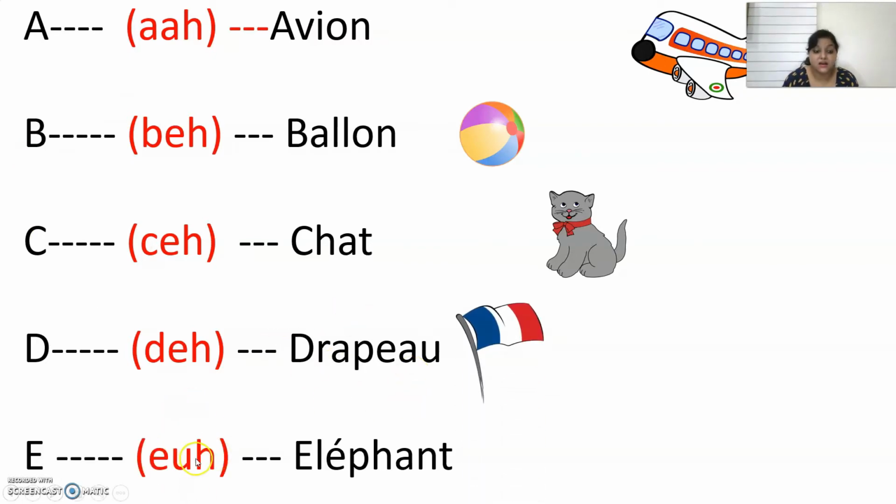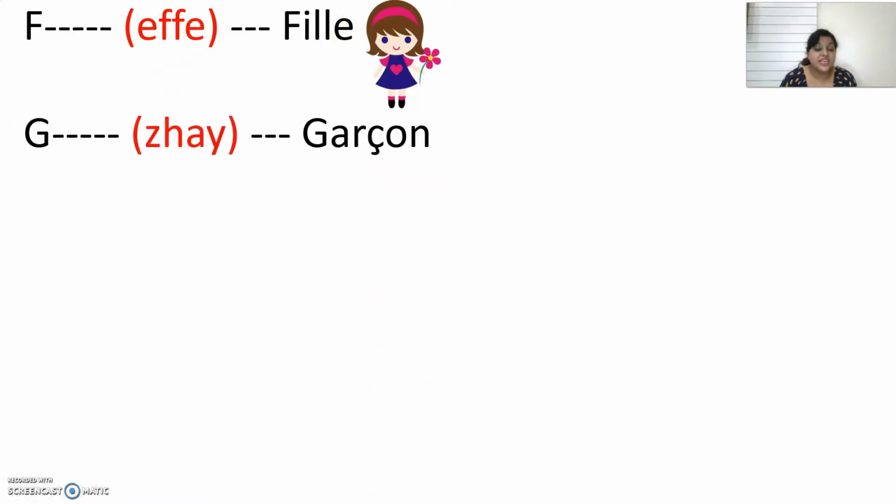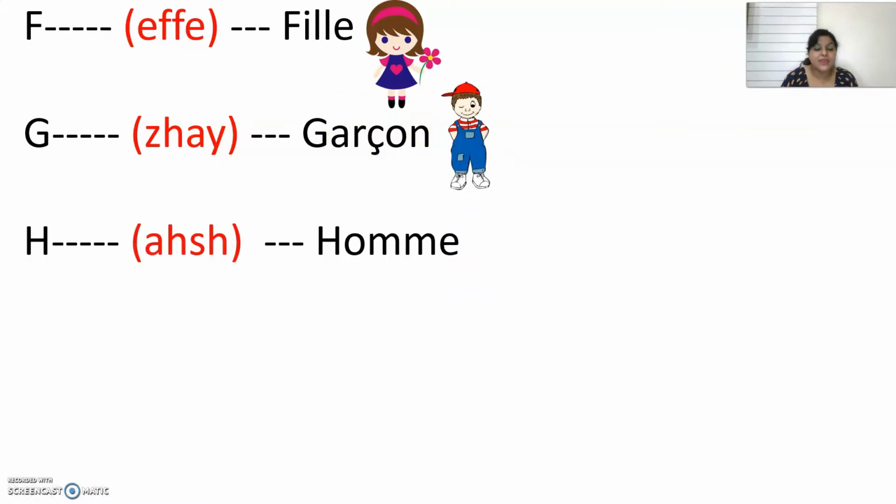E, for example, elephant. F, for example, fille, that's a girl. G, for example, garçon, that's a boy.